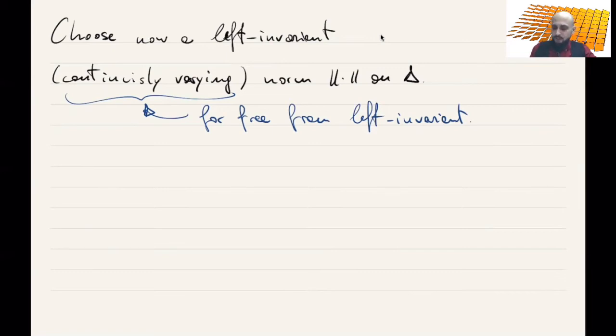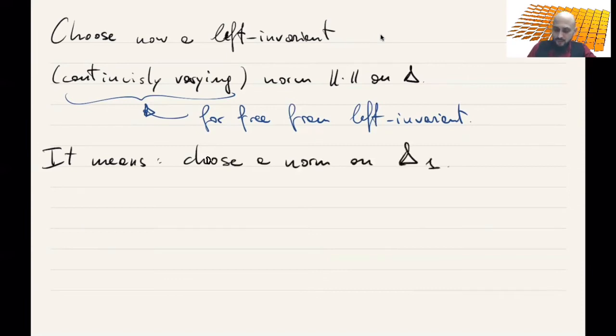Okay, so what does it mean? It means that we just need to choose a norm on the tangent at the identity. So choose a norm on delta at 1. And after you choose it, what is the norm of an arbitrary vector v in delta P, when P is an element of the group?